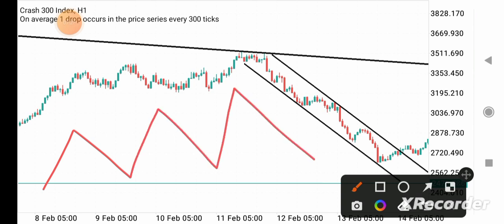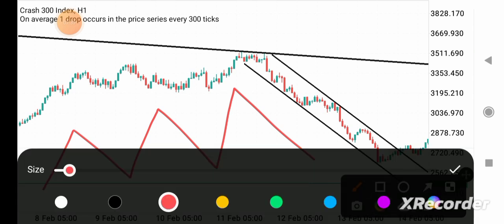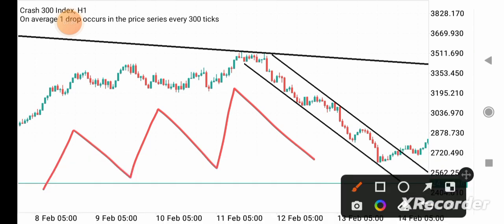Then you bring your trend line, and let me use a different color here, and you join something like this. I can't even draw it properly. Now this is the basic idea you will be getting. You join the swing highs to form a resistive trend line, then you join the swing lows to form the supportive trend line. You see all these ones.